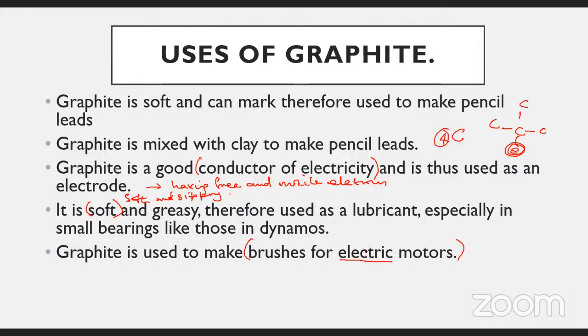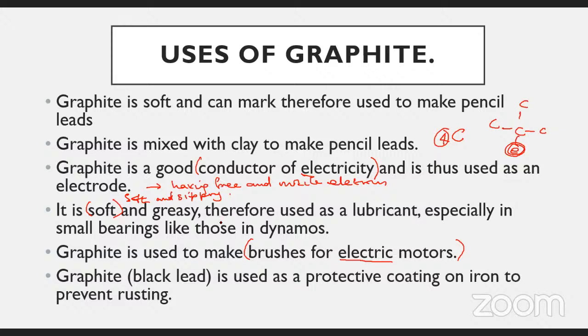So I think it has something to do with electricity. Why do we use it to make brushes for electric motors? Okay, we have got the answer. It is because of having mobile electrons. Thank you, Martha.